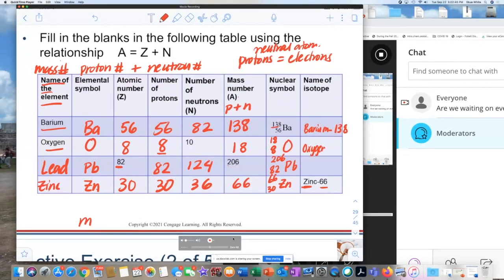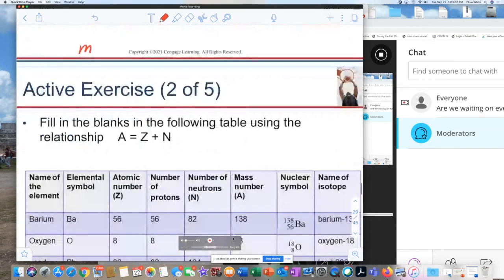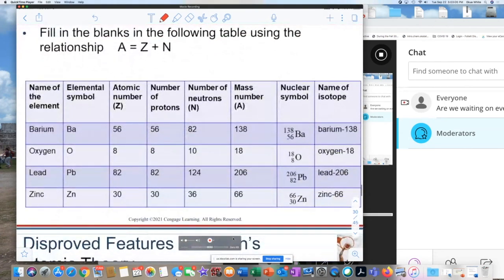Oxygen dash 18. Lead dash 206. Remember, you have the name of the element dash mass. Okay. Yeah. And that's what I have for this one here. They have your answers right here.